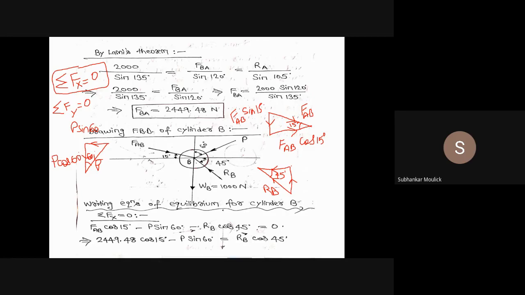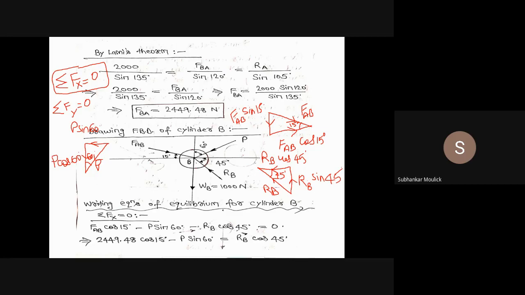What is the value of this RB horizontal component? RB cos 45. So this is my RB cos 45, and my vertical component will be RB sin 45.